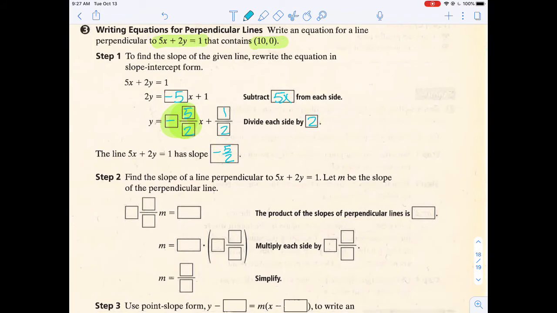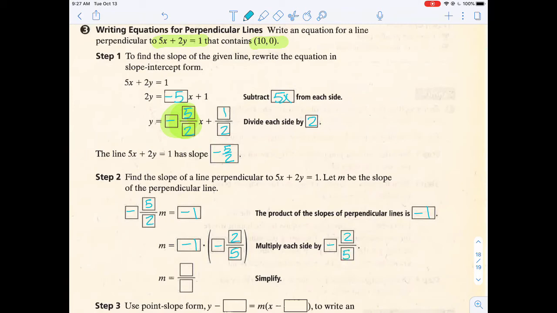Okay, now slopes of perpendicular lines have a product of negative 1. So we know that negative 5 over 2 times whatever the slope of the perpendicular line is, equals negative 1. So to solve for m, we have to multiply by the reciprocal, so flip it over, 2 over 5.